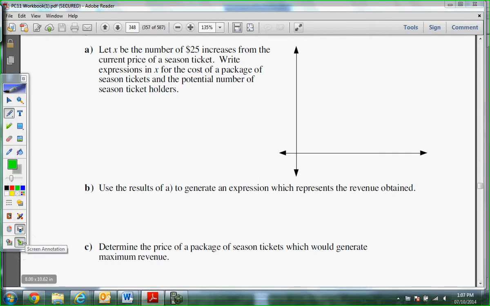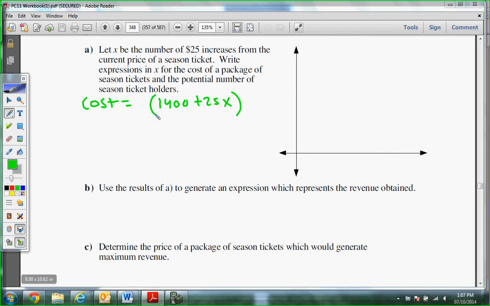So cost is $1,400 plus 25x. It's already $1,400, and they're going to raise it a certain amount. The x represents how many $25 increases there'll be. That's why it's 25x. We okay with the cost increase equation?